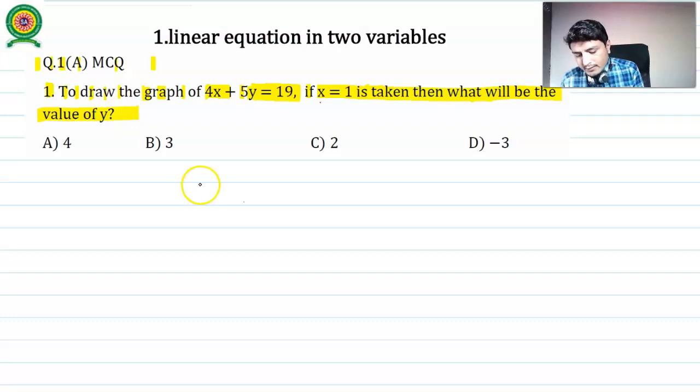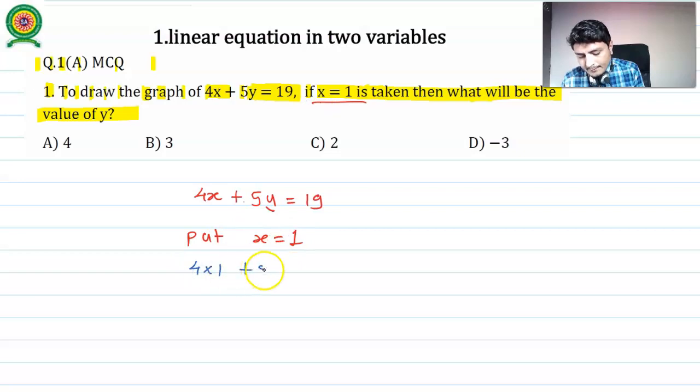So here at the start we have been given the linear equation in two variables of the form 4x plus 5y that is equals to 19. Once we replace x by the given value 1, we are getting 4 into 1 plus 5y that is equals to 19.